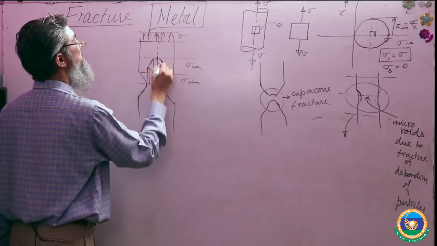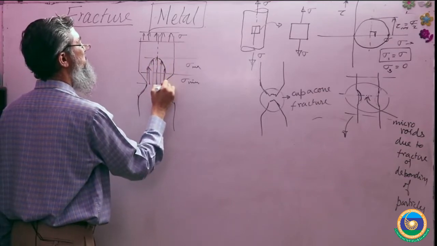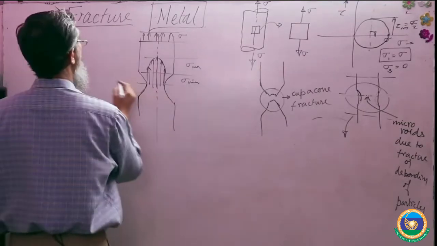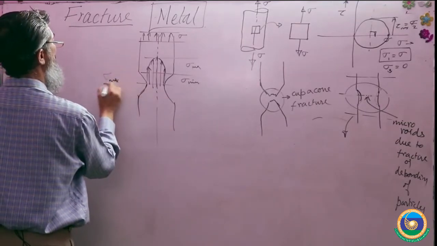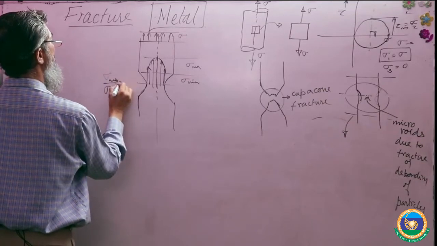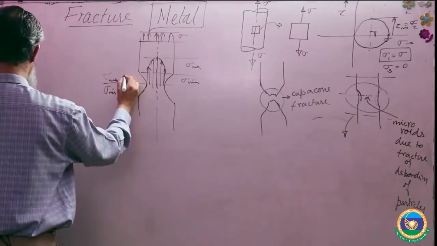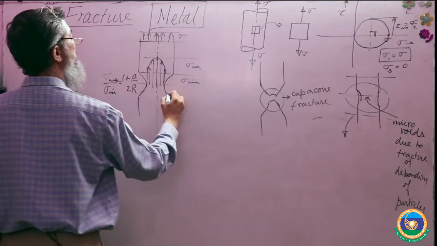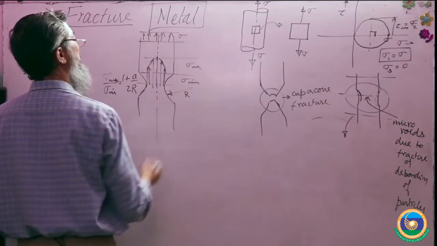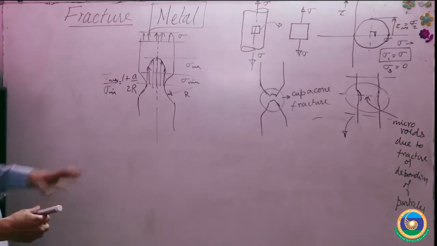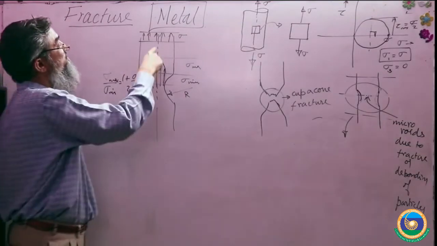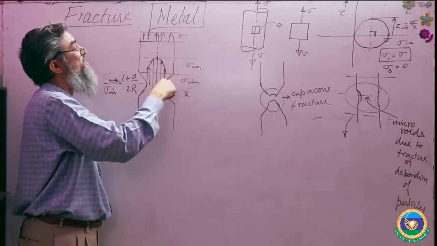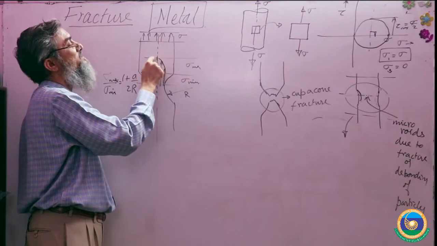It is maximum in the central portion and reduces outward. The ratio sigma max upon sigma min is 1 plus a by 2r, where r is the radius of curvature of the neck. So the maximum stress is at the center because of the formation of this neck.